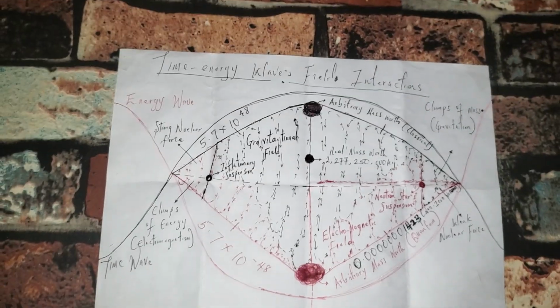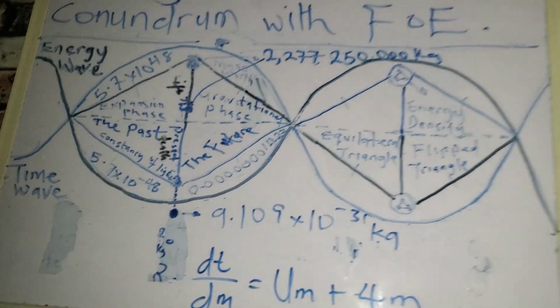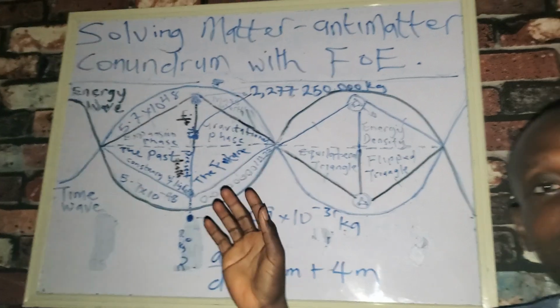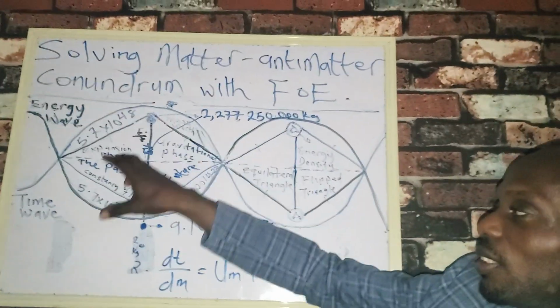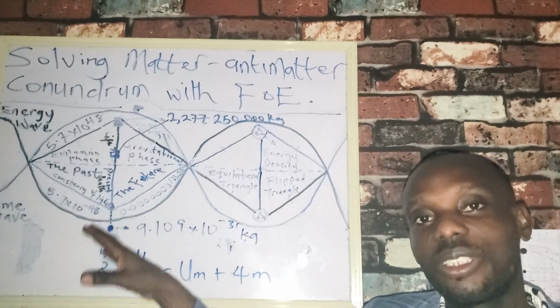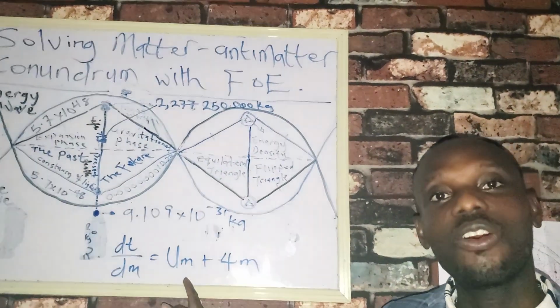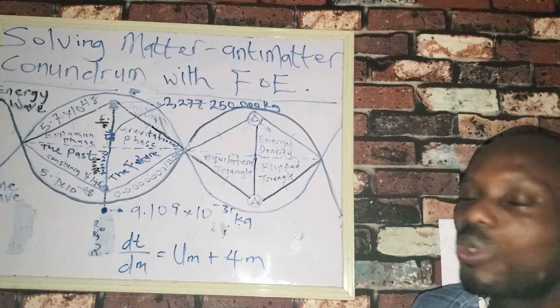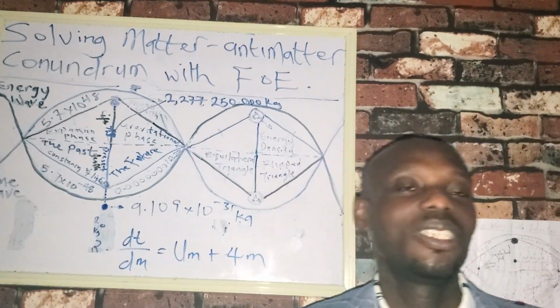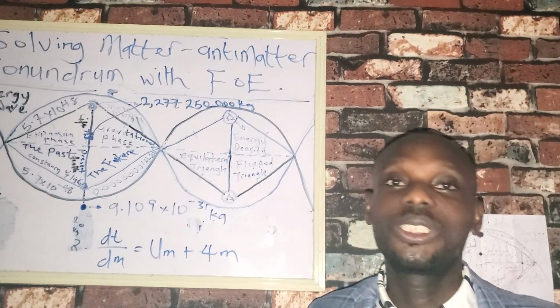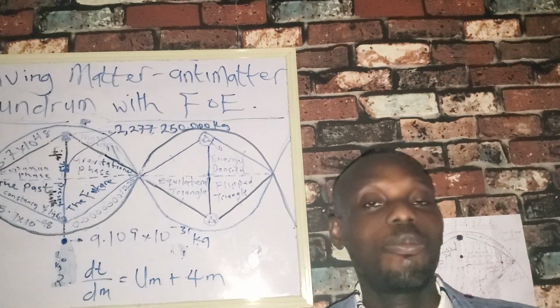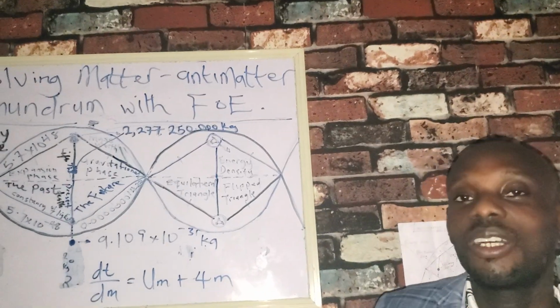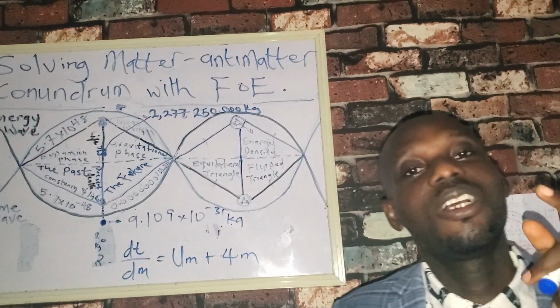So that is that. Now we can see that by using the time energy wave model, which is this time energy wave interaction, and by using the formula of everything, we're able to explain the deepest mystery of the universe, which is the matter-antimatter asymmetric nature, or matter-antimatter enigma, or matter-antimatter conundrum.